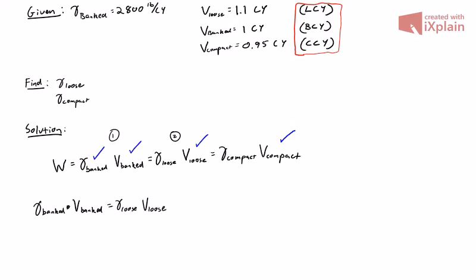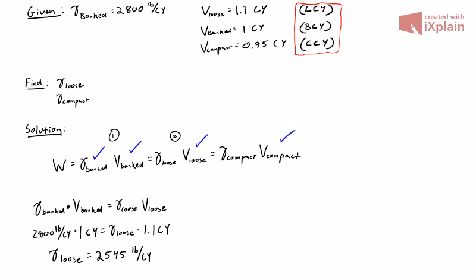And at that point, we can just plug in 2,800 pounds per cubic yard times 1 cubic yard is equal to the loose specific weight times 1.1 cubic yard. And if you solve through, you get that the loose specific weight is equal to 2,545 pounds per cubic yard, right?